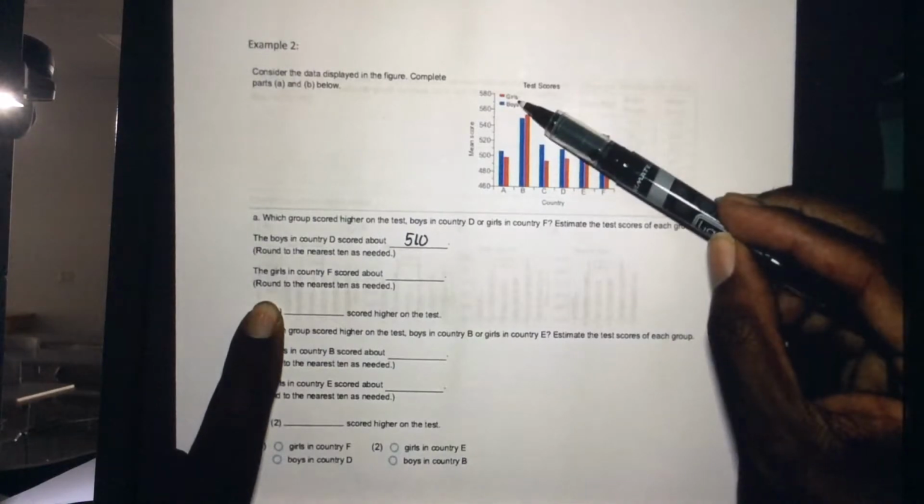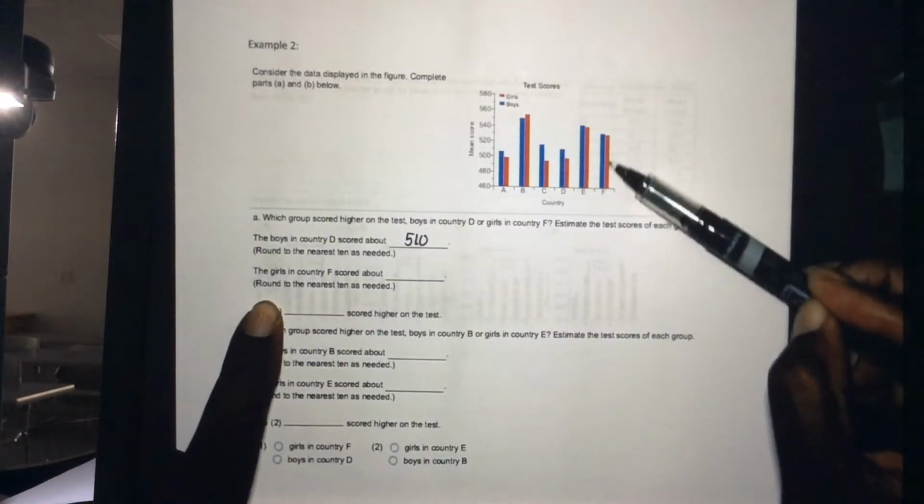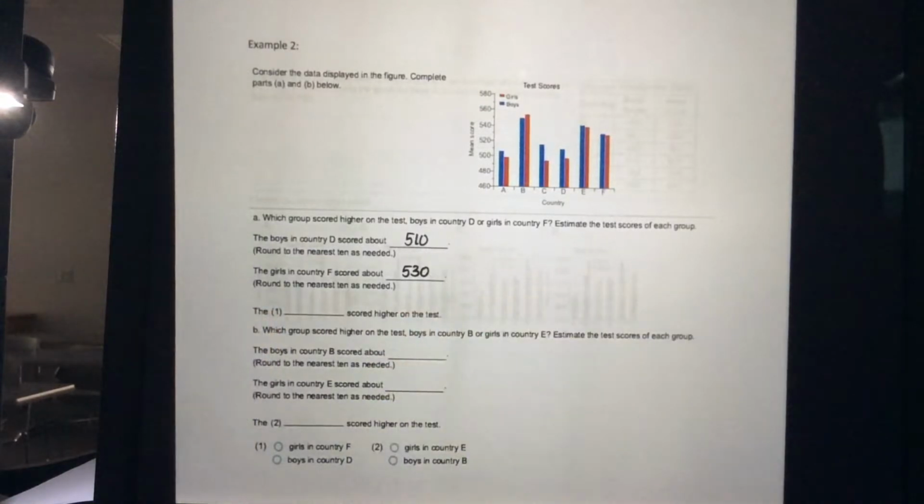Now for the girls in country F, we look at the red bar for country F. That's this bar right here. Read it off to the left, you'll see that it's going to be approximately 530. So the girls in country F scored about 530.